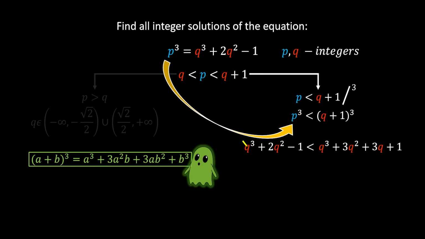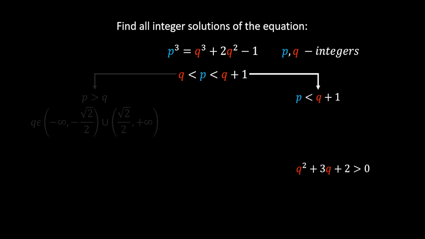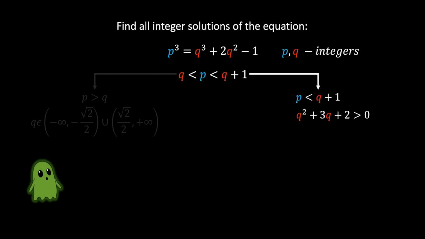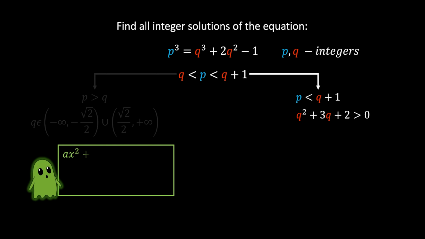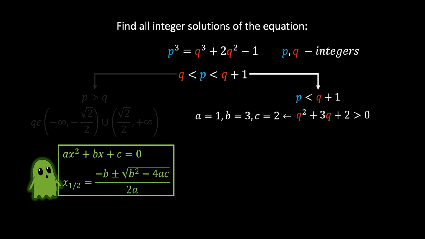We can now simplify q to the power of 3, and when we rearrange our terms, we're going to get this beautiful quadratic inequality. And for the sake of consistency, I'm going to find those zeros for q by using the quadratic formula again. So you can see that in this case, a is equal to 1, b is equal to 3, and c is equal to 2.